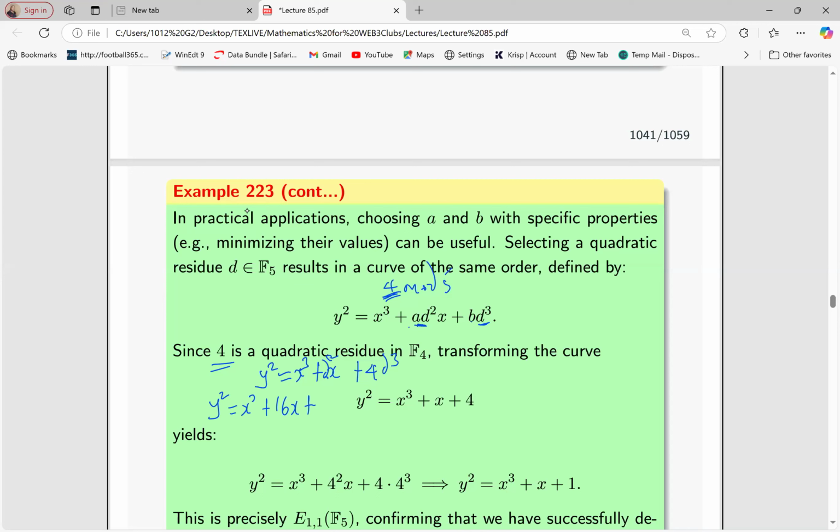So this square will be 4, that's how I get 16. What about d cubed? My d is 4, so this means 4 times 4 cubed. I don't have a calculator, so let me just say 4 is -1, so -1 multiplied 4 times will be 1. So y square is x cubed plus x plus 1 mod 5.